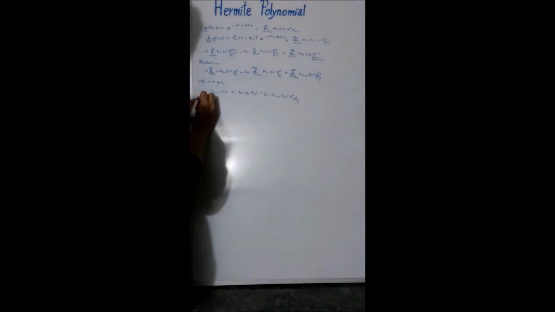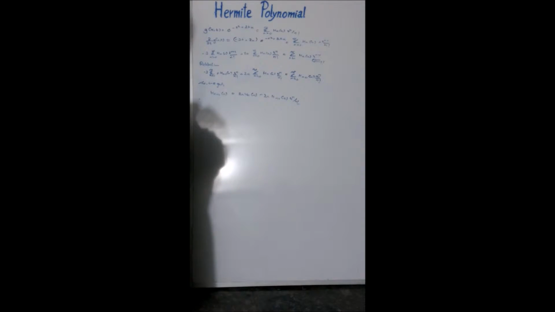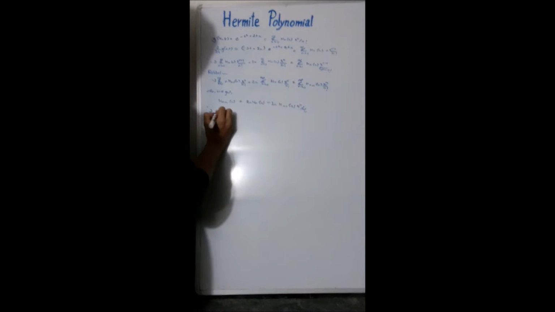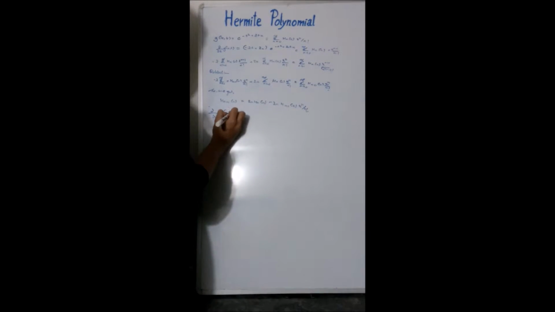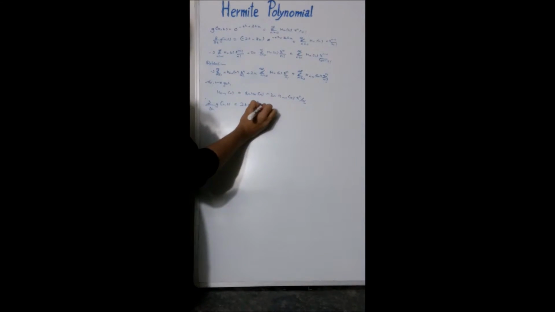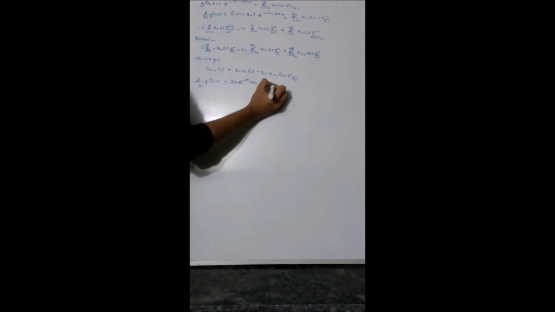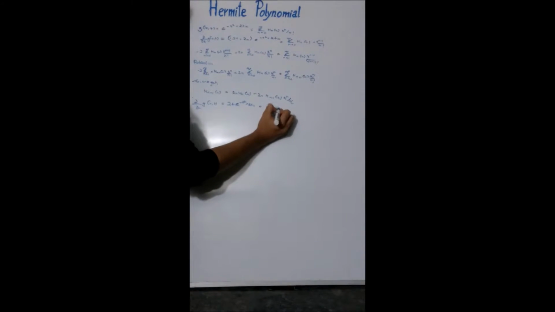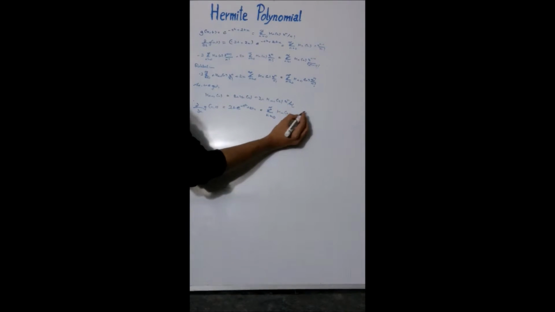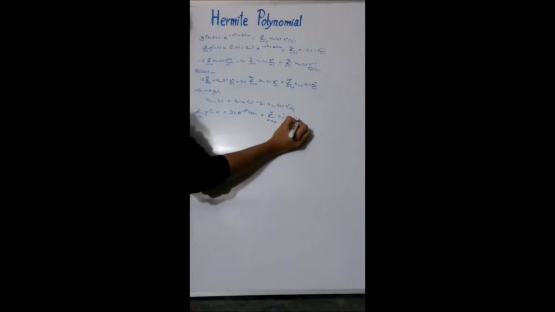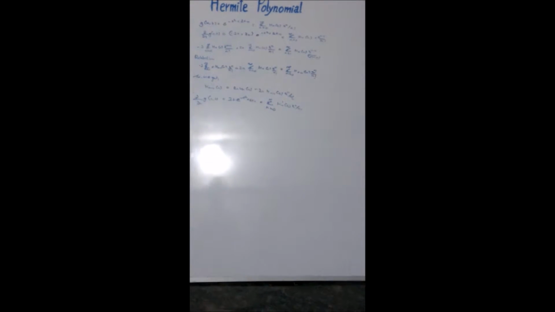Now we differentiate g(x,t) with respect to x. So we get 2t e^(-t²+2tx) = sigma n equals 0 to infinity H'_n(x) t^n / n!.